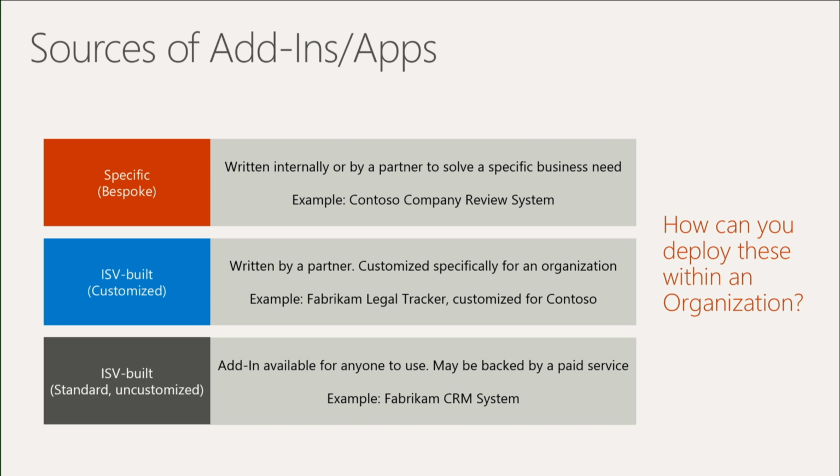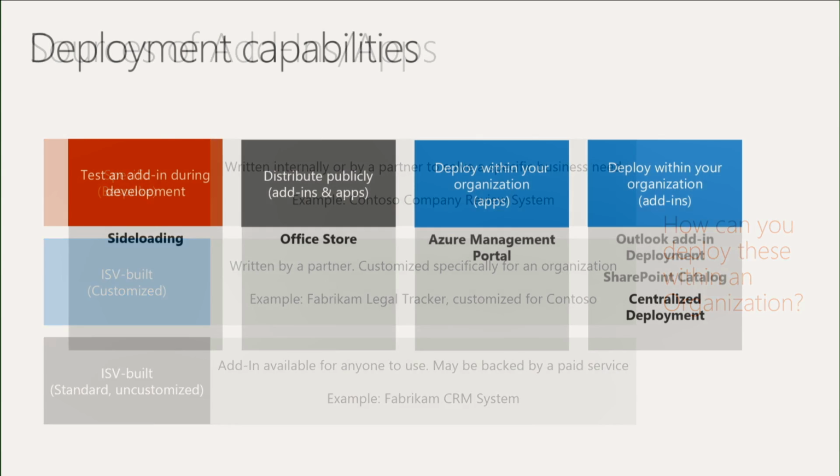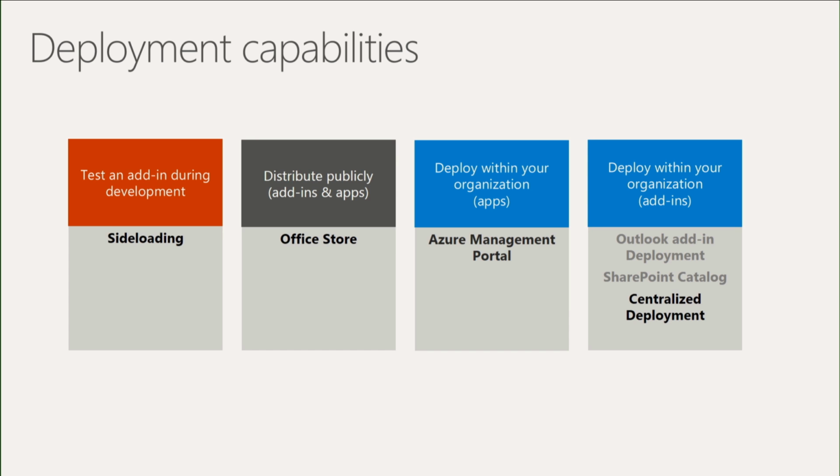But how do you deploy these within your organization? So, depends what you mean by deployment. There's lots of stages you can go through in the life cycle. And the ones that I've highlighted there are kind of the recommended approaches or the future direction.